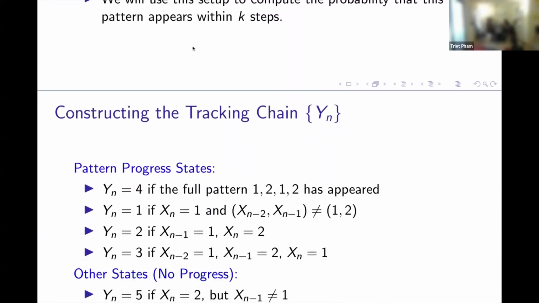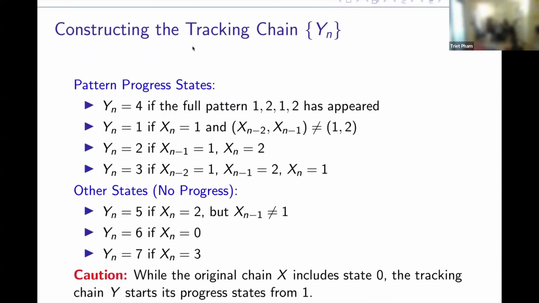And the one thing about Y that we should note is, of course, this is the usual progression. Start 1, 1, 2, 1, 2, 1, 2, 1, 2, 1, and 1, 2, 1, 2, right? So this is like, let's say, usual. Nothing strange here. This is the efficient Markov chain modeling that we talked about. The new one is here.